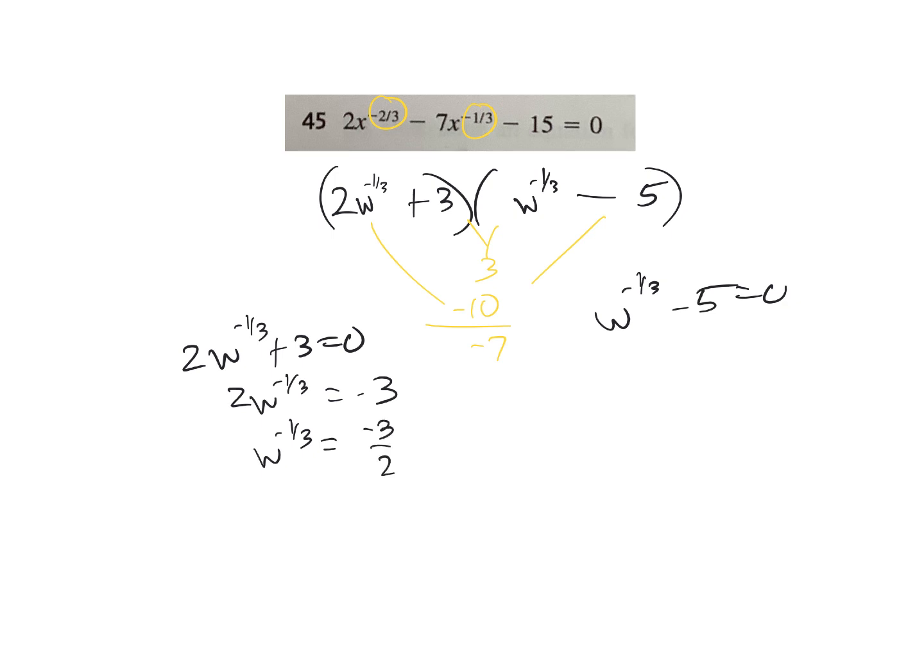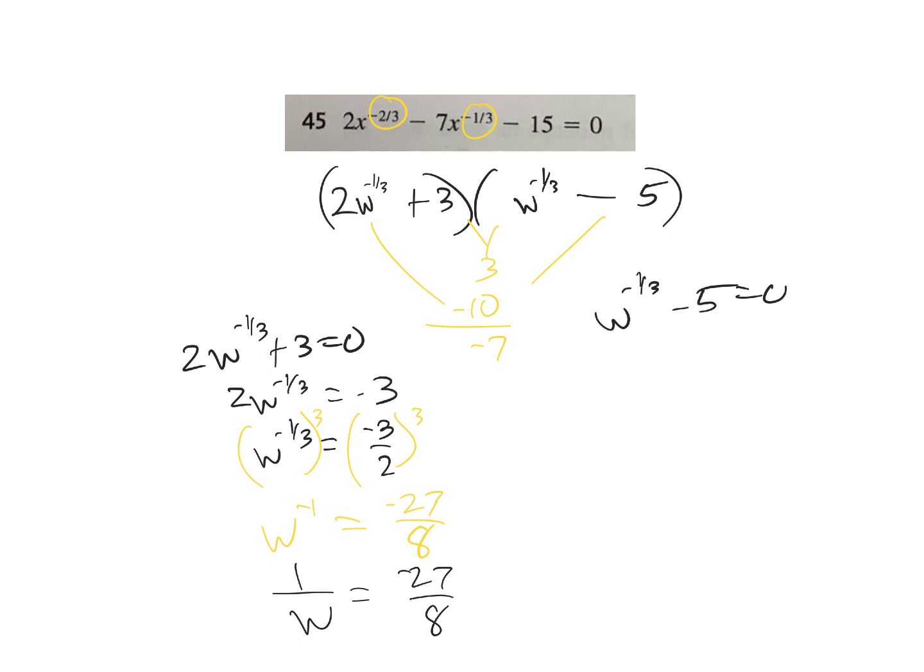Now the problem with this one is not so easy. We're going to raise it to the 3rd power. Okay, and we get still w to the -1 equals -27/8. But w to the -1 is the same thing as 1 over w.